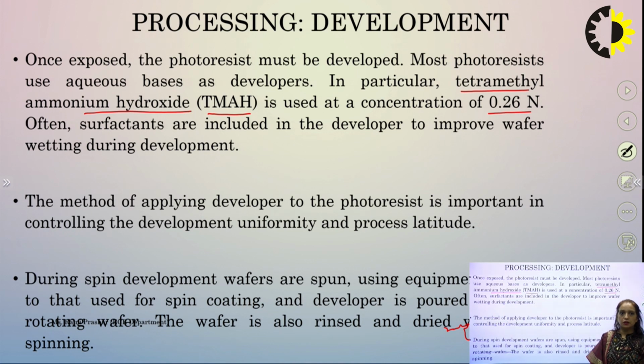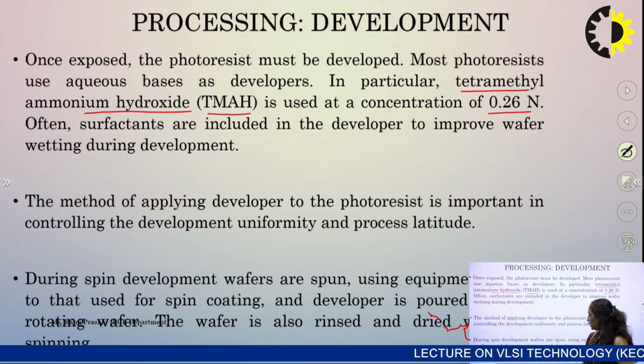It is used in the developer solution to improve the wafer wetting during the development. The method of applying developer to the photoresist is important in controlling the development uniformity and the other process latitude.